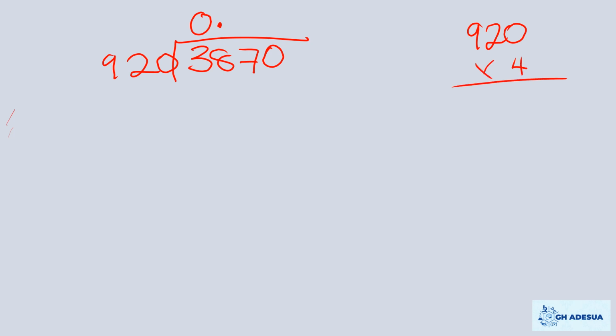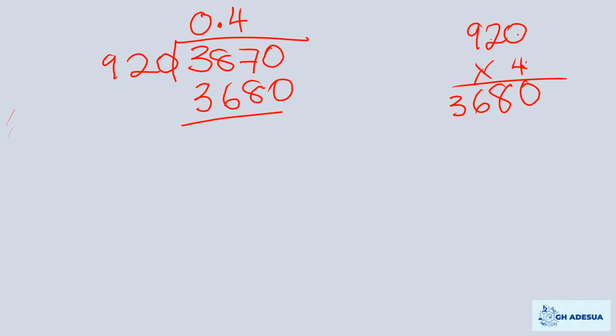So let's check with 4. 4 times 0, 0, 4 times 2, 8, 4 times 9, 36. So 3680. Would that successfully divide it? So that is 4 times. Then write 3680.